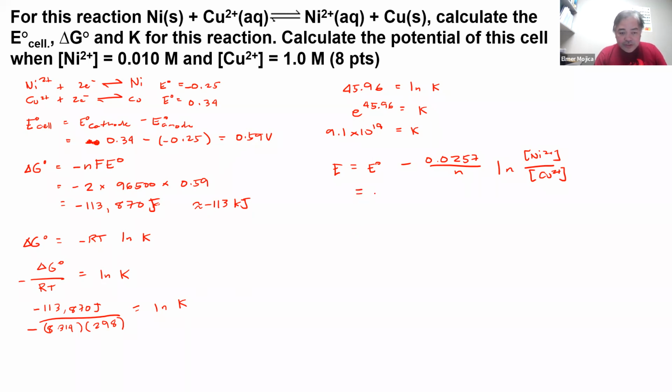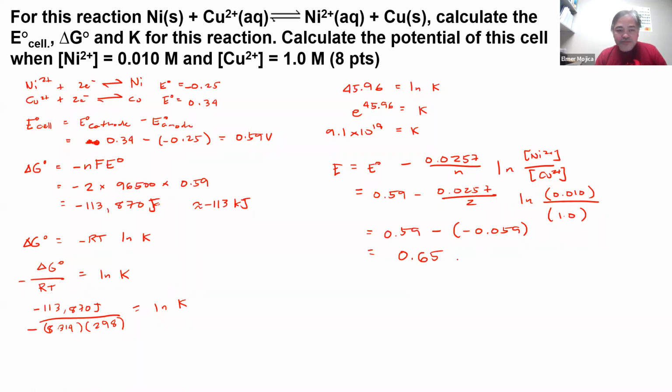We know the cell potential is 0.59, and n is equal to 2. So ln of, given the values, 0.01 over 1.0. If we go through this, we get 0.59 plus around 0.059, so you will get around 0.65 volts as the answer for the cell potential when you change the concentration of the reagents involved.